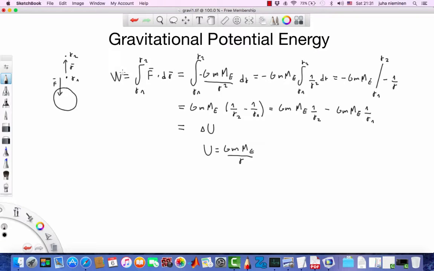But let's look at the signs a little bit here. So the work done by gravity on the object, is it positive or negative? We see that R2 is larger than R1, and because it's in the denominator, it means that this is smaller than this one.